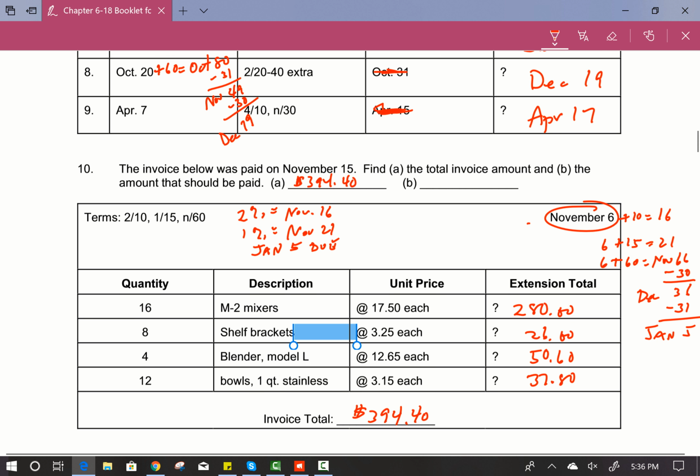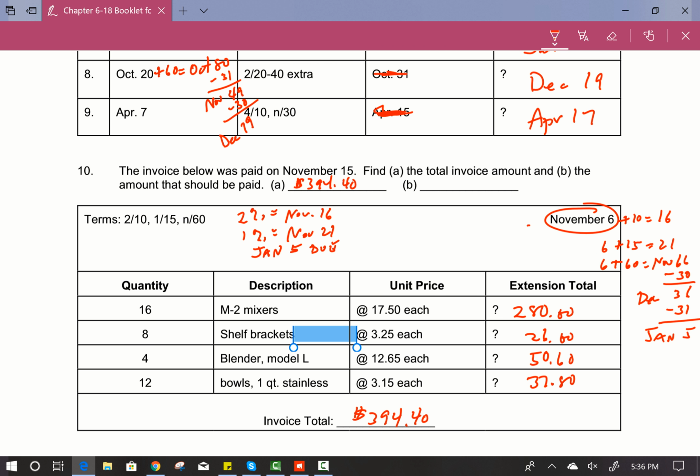Okay, so we know that this particular invoice was paid on November the 15th, and we actually get a 2% discount through the 16th, so we do get a 2% discount.